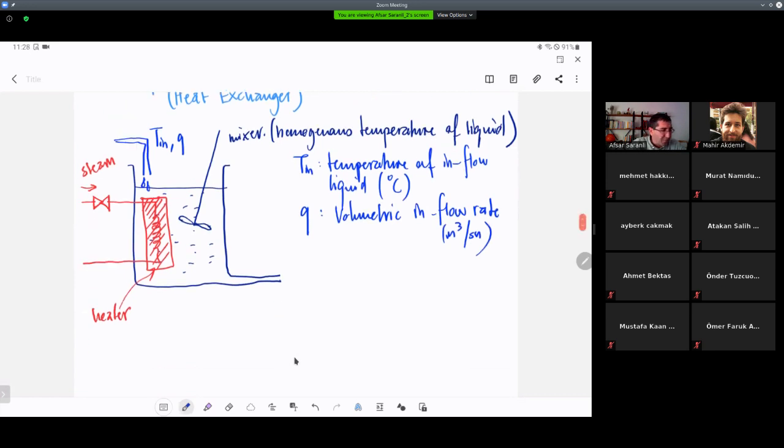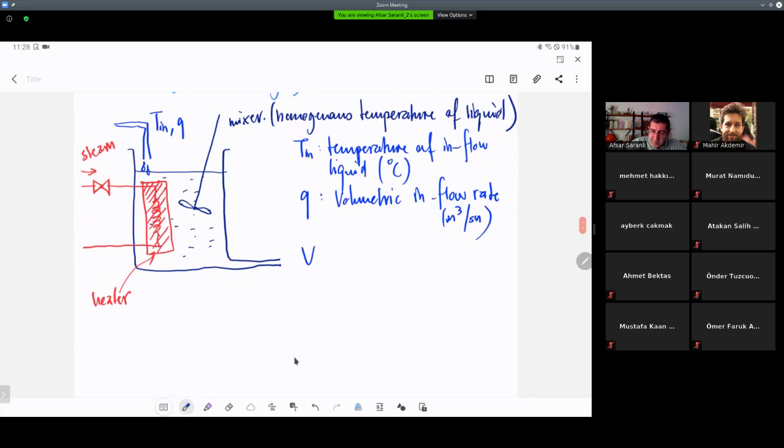We have the volume of the liquid, V, which clearly is meter cube. We need to have the density of the liquid because we have to use it. Density of liquid, this is kilogram per meter cube.